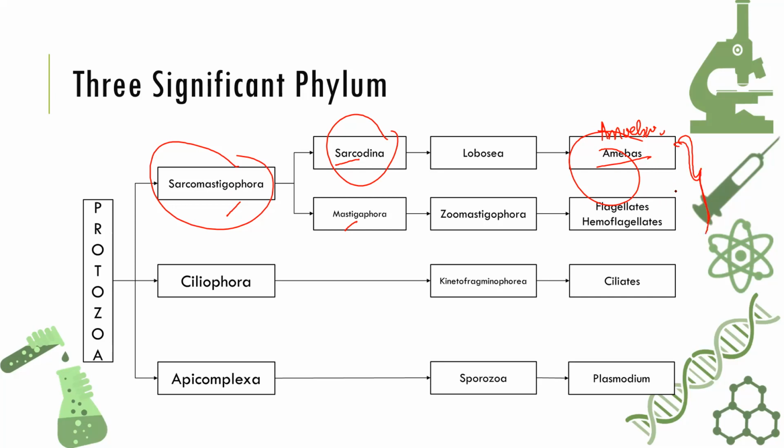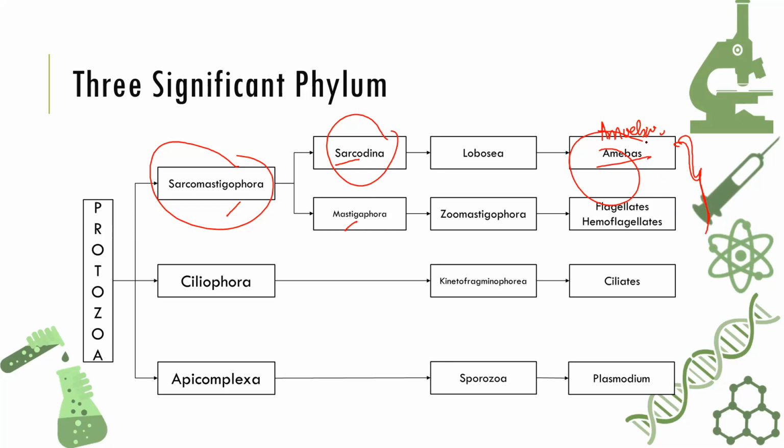Now, what is the main difference between amoebas, hemoflagellates, and flagellates? They are all motile.